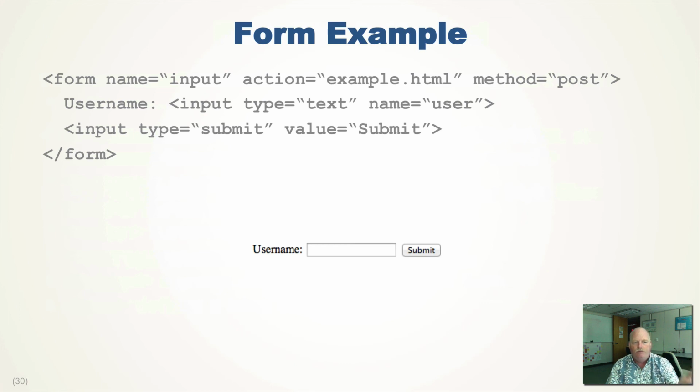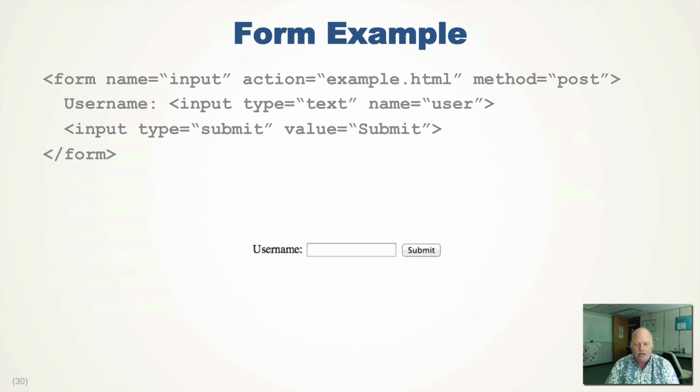So this form's name is input, its action is example.html, so that's a URL that will be used, and the method is post. So when the submit button is pressed, or the submit input is pressed, a post request to example.html with the value in the user input will be sent.